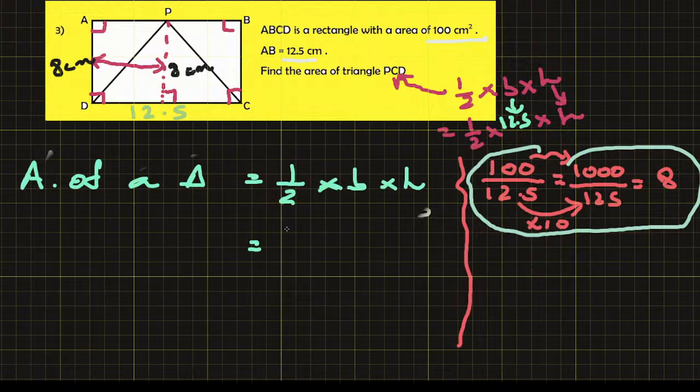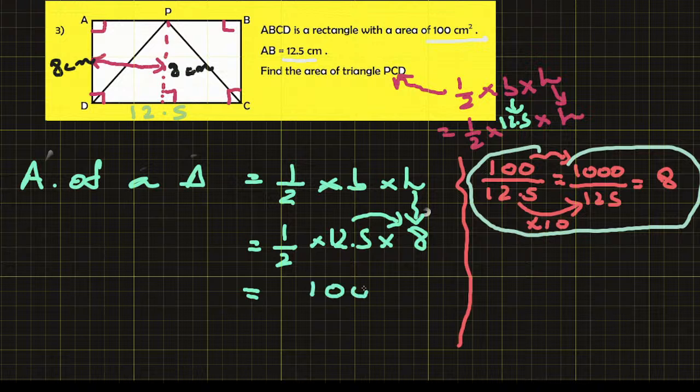That's half into, 8 is the height we found a while ago, and 12.5 is the base. So what is 12.5 times 8? 25 times 4 is 100. So 12.5 times 8 is 100. Divide by 2. What is 100 divided by 2? That's 50.